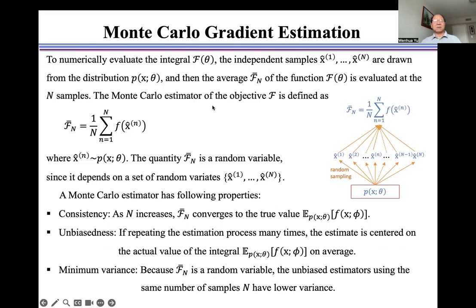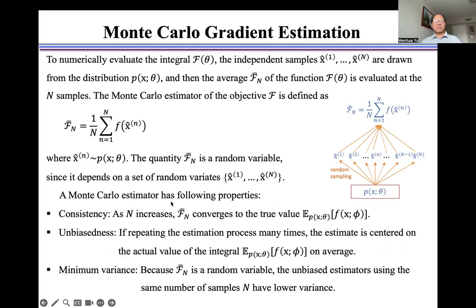The Monte Carlo estimator of the objective f is defined as here, where xn is sampled from P. The quantity Fn is a random variable, since it depends on a set of random variates from x1 to xn.